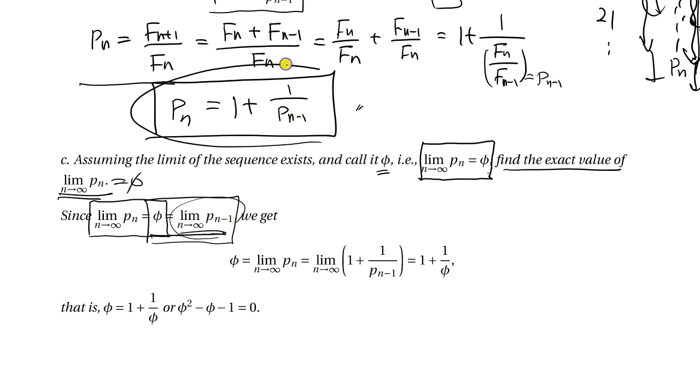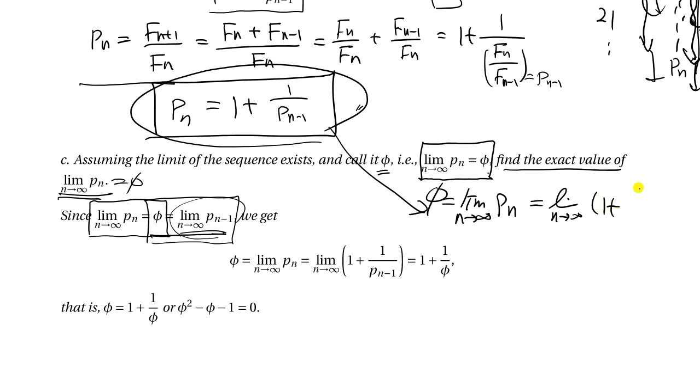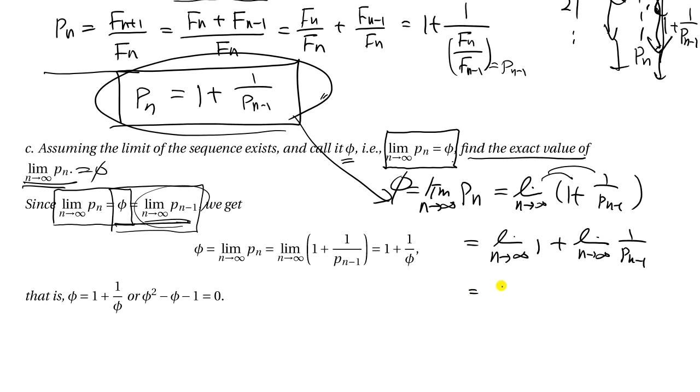So, from that expression, let's take the limits as n approaches infinity. Then the left-hand side is phi, right? On the right-hand side, when you take the limit of 1 plus 1 over P sub n minus 1, by the limit laws, we can take the limit of each one of them, right? Of course, we need some condition, like they have limits.